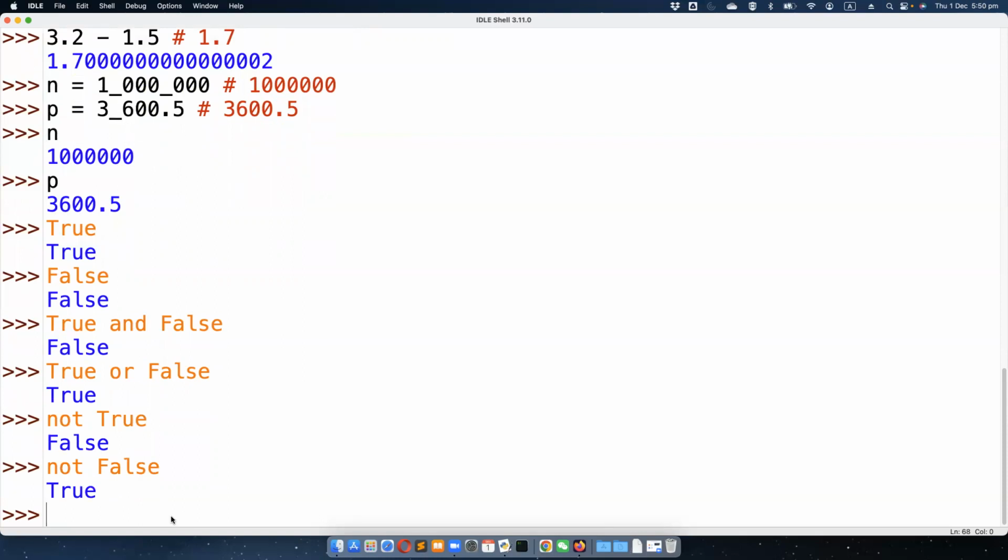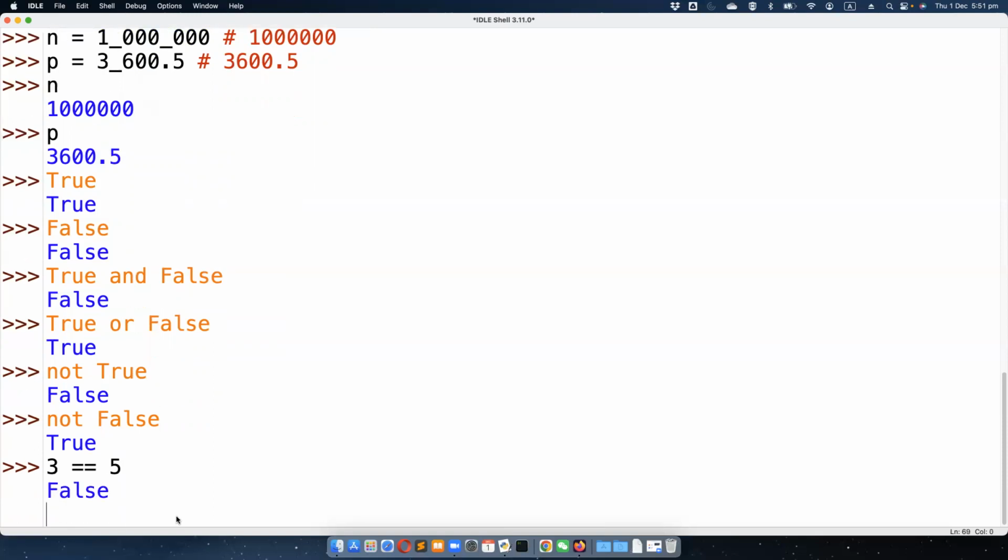So in Python, all expressions can be evaluated to either True or False, like 3 == 5. So the double equal sign means testing whether the value on its left is equal to that on its right. 3 does not equal 5, so the result will be False. How about 5 == 5?